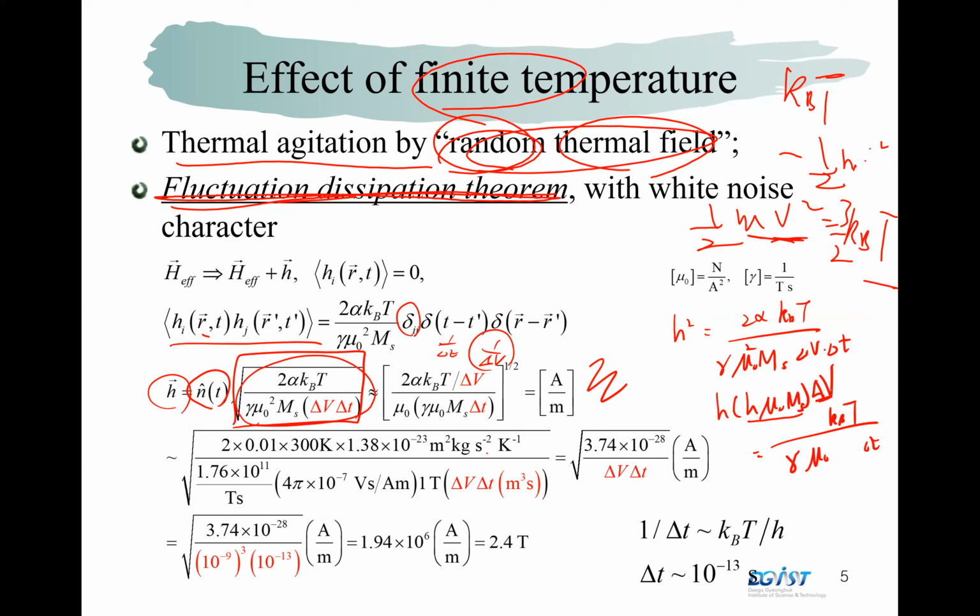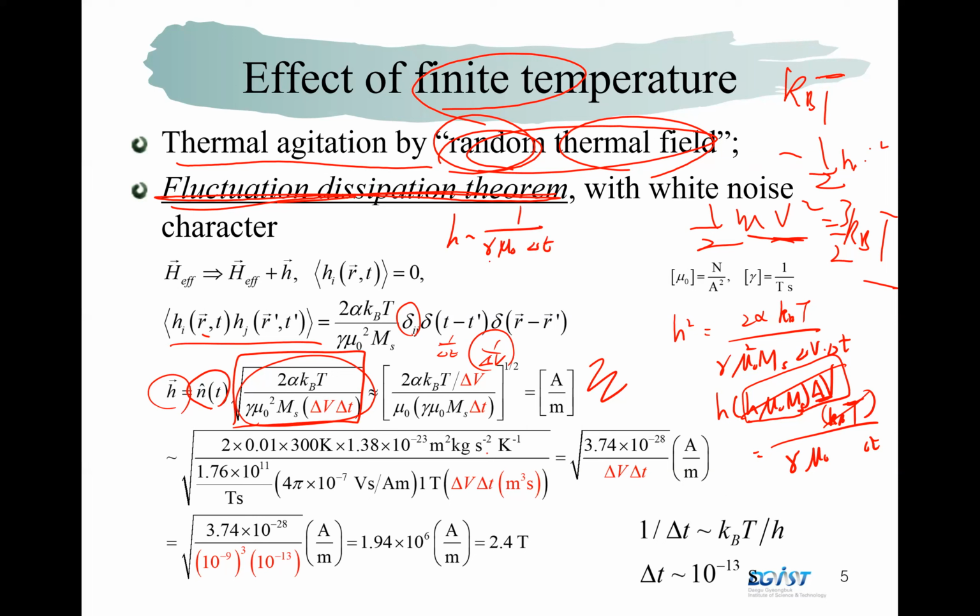So when you multiply by delta V, this is the unit of energy. And this is the unit of energy also, so we can drop it. So the remaining is h delta gamma mu0 t.